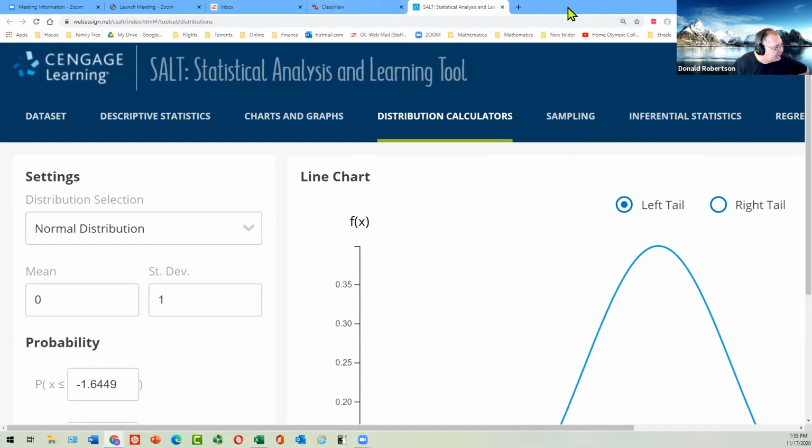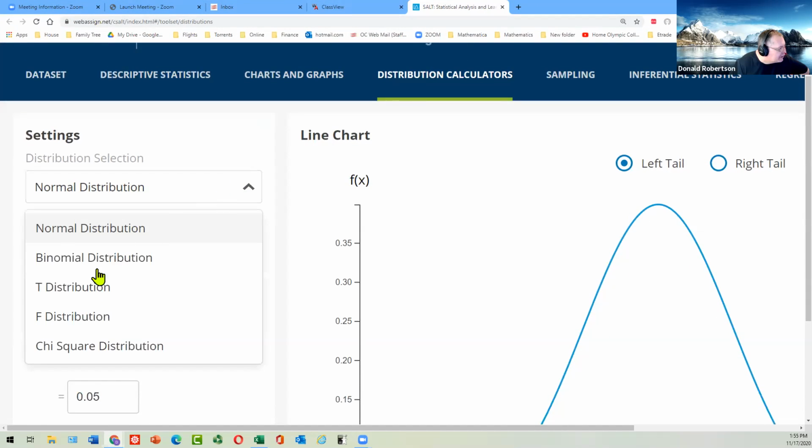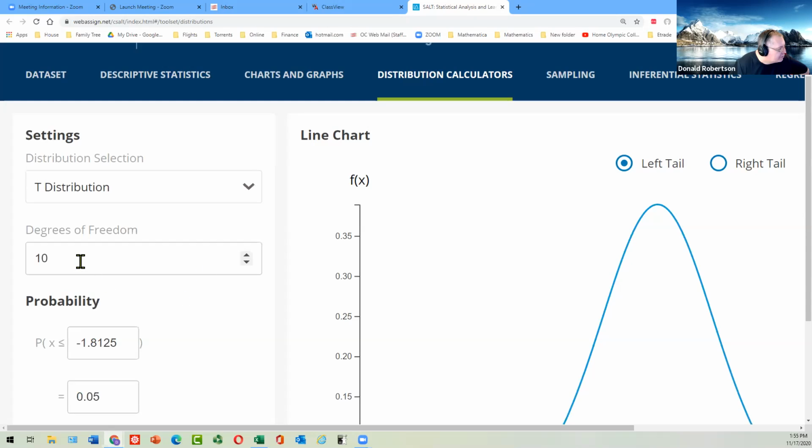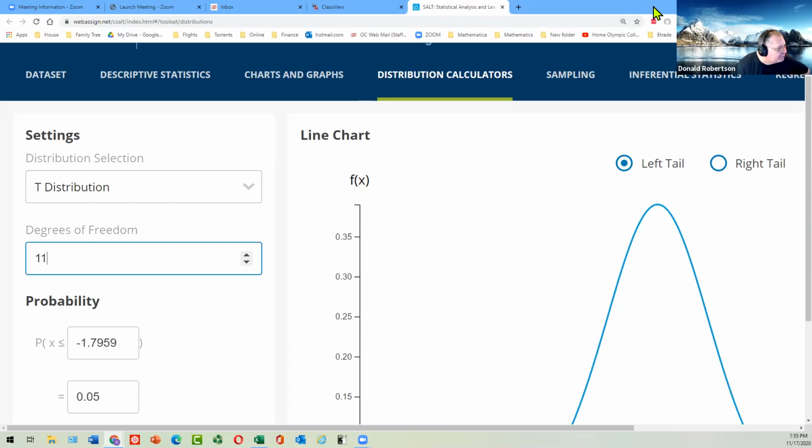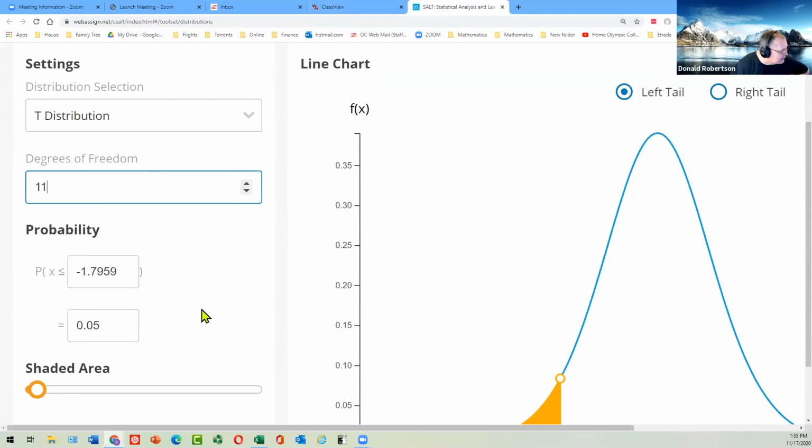Can you see that the numbers are 11 degrees of freedom and 2.99? Let's see how that works. Make it a t distribution, 11 degrees of freedom, and the number is 2.99.